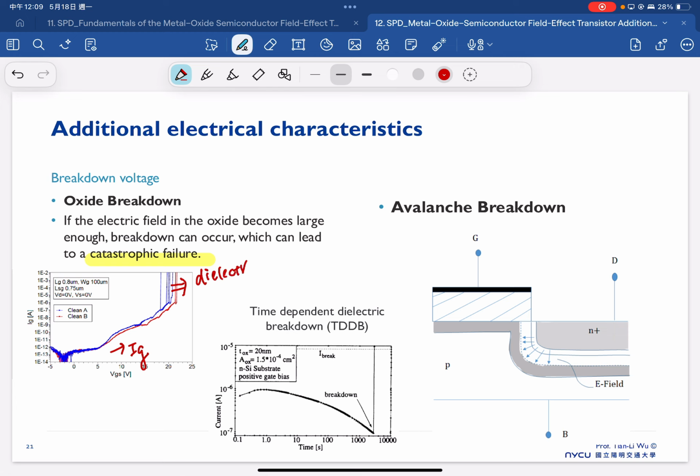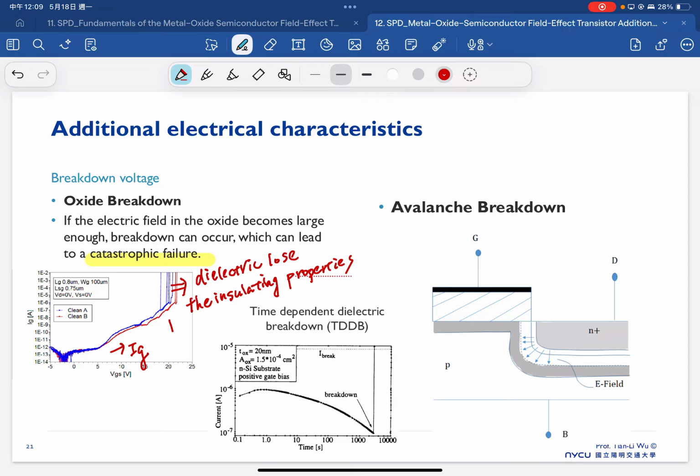The dielectric will lose the insulating property. So that means our dielectric is no longer an insulating material. So this is what we call the oxide breakdown.